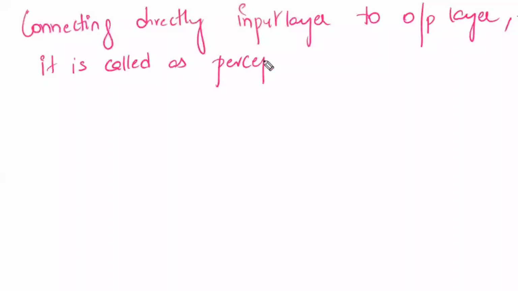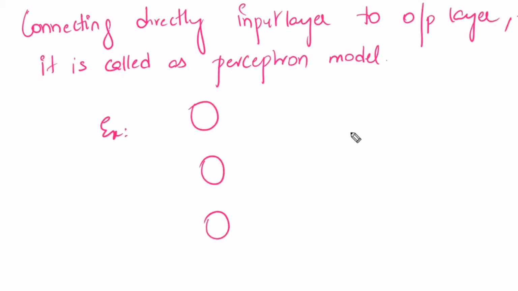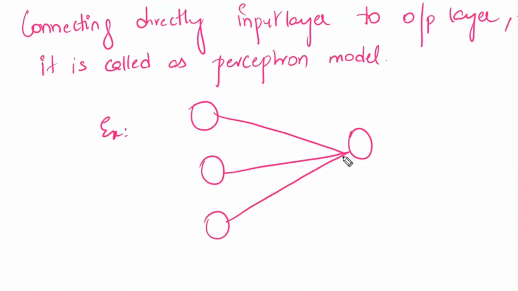For example, the 3 neurons you have taken in the input layer and the 1 neuron in the output layer, connect them directly. It is called a perceptron model: connecting the input layer neurons directly to the output layer neurons.